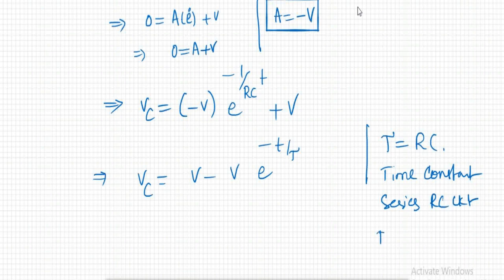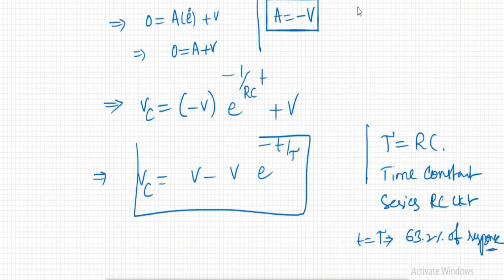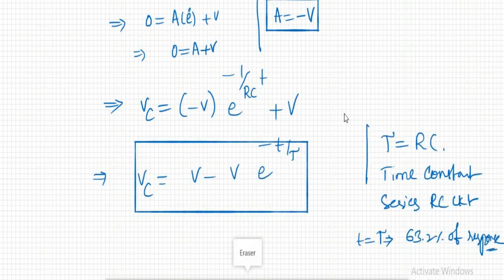Here, the time constant is the time taken by the response to reach 63.2% of the response. This is the same for forced response. So the capacitor voltage is V minus V into e power minus t by tau, which has one exponential term and one steady state value.